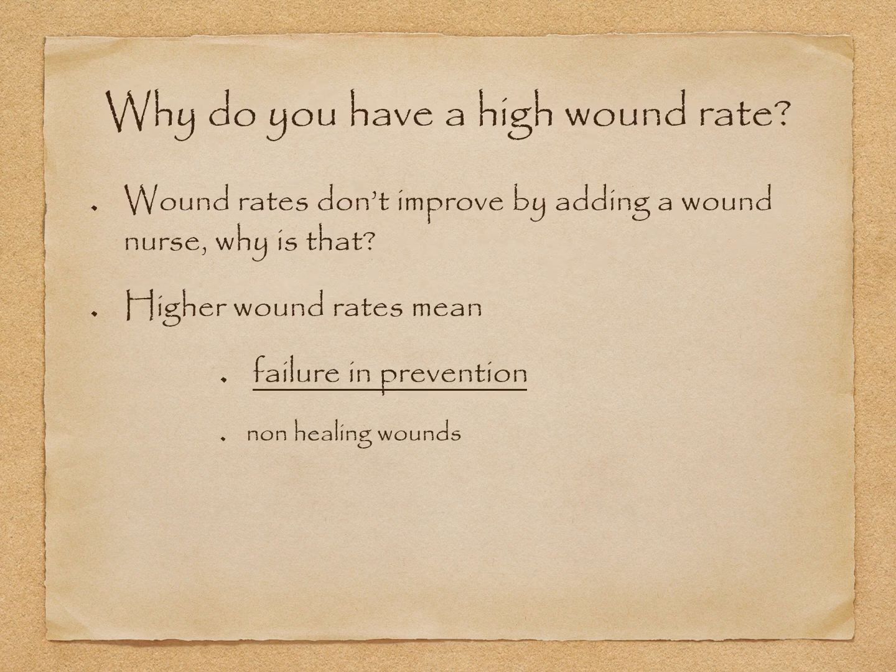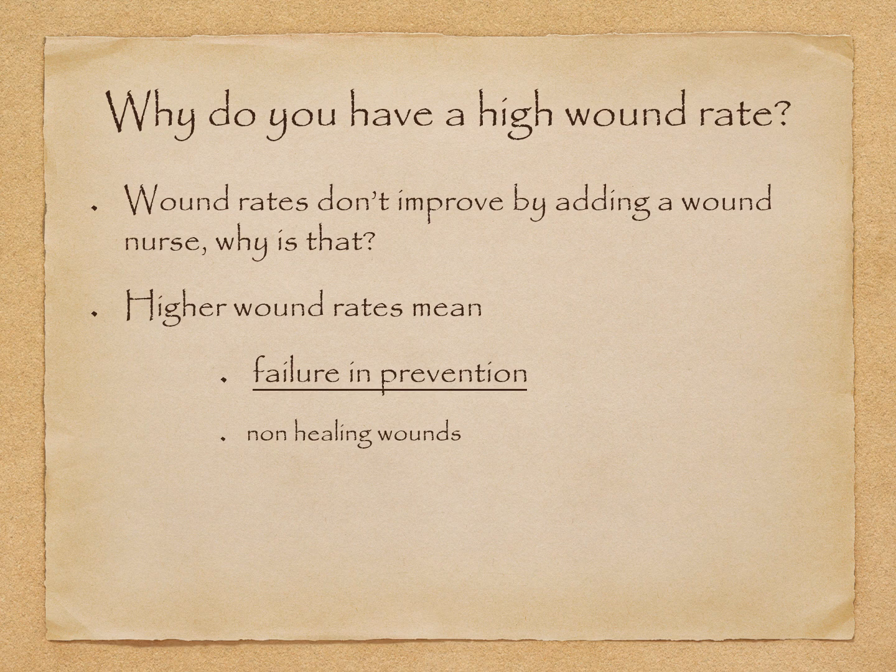So if you look at your wounds as a problem in your facility and you say, yeah, we're having high wound rates, and you're discussing what can we do, what's causing it, you need to know that 90% of this issue is failure of prevention. Now, I'm not talking about the stuff you get from the hospital.